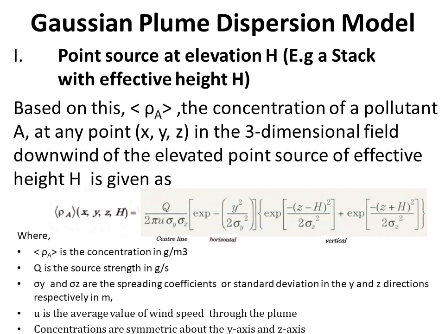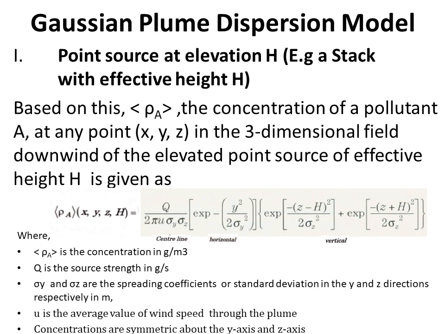Exponential of minus (z minus h) the whole square by 2 sigma z square plus exponential of minus (z plus h) the whole square by 2 sigma z square represents the vertical concentration of the pollutants, that is along the z direction.